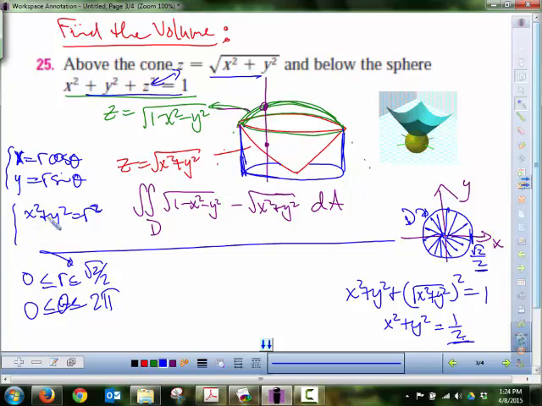And this is less important and less needed, but in case you might need it, the arctan of y over x is your angle.